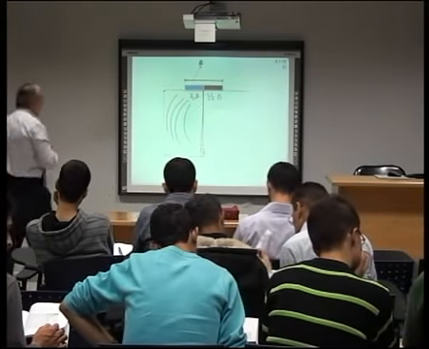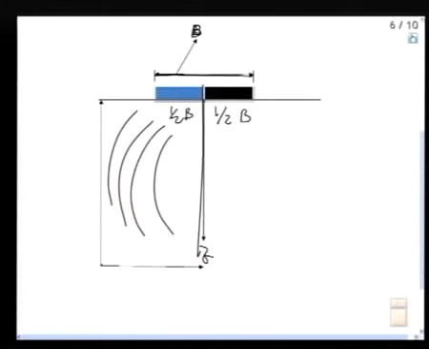Now what do we have here? If you look at the axis, this axis represents the depth.